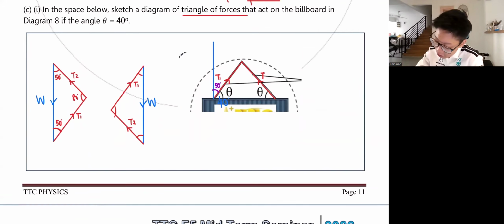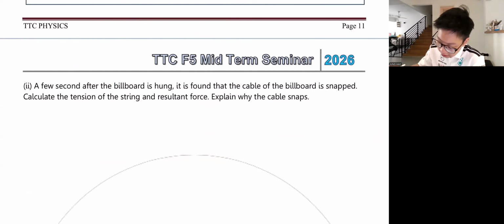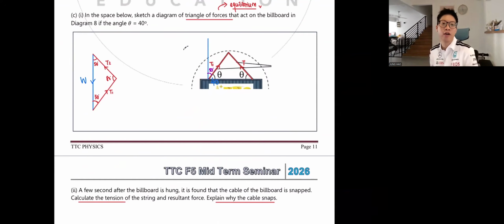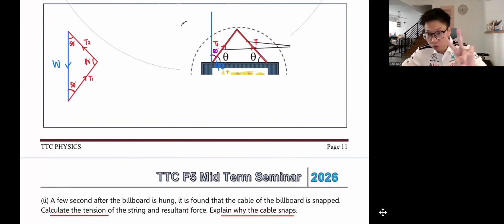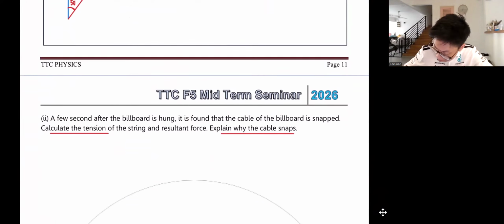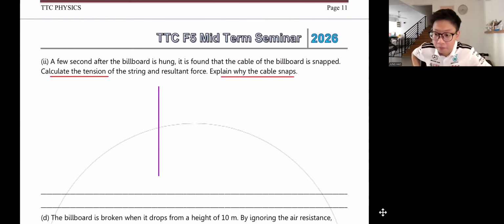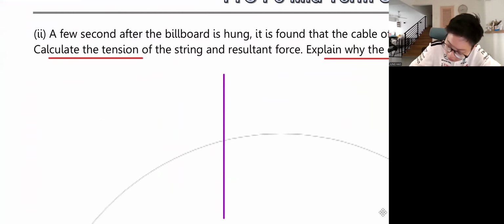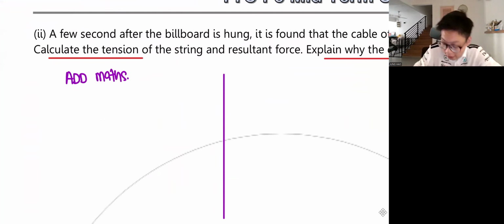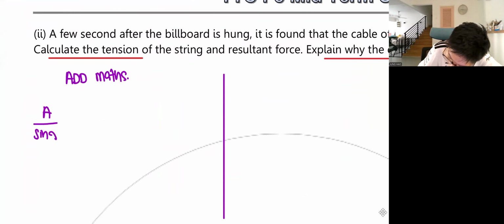Now finally, we will continue to the calculation of the tension and explain why the cable snaps. Very simple. When we do this calculation of tension, we always have two choices. The first choice is the sine rule: A over sine alpha equals B over sine beta.